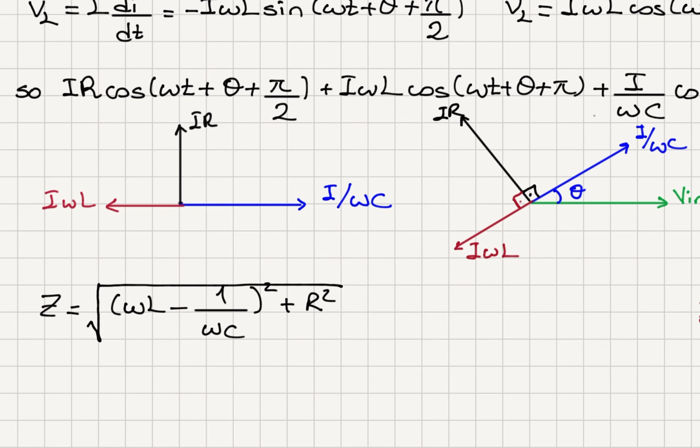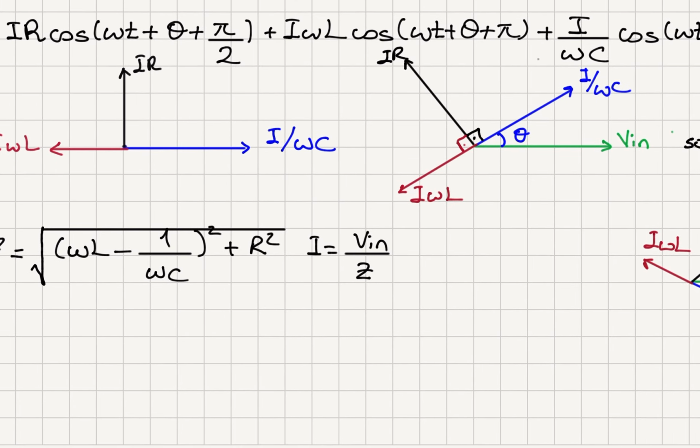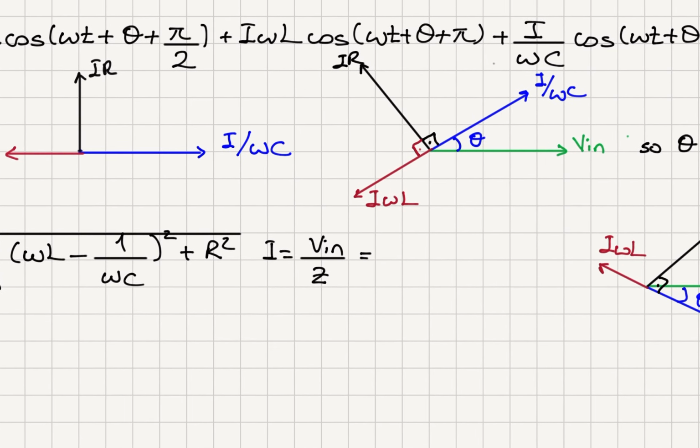The current amplitude would be the input voltage amplitude divided by the impedance Z. So I can find this to be the input voltage amplitude V in over the square root of (omega L minus 1 over omega c) squared plus R squared.